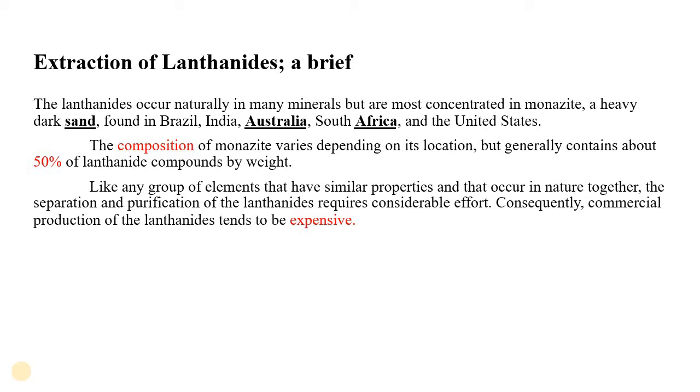All lanthanides have similar properties, so they usually occur together in nature. The separation and purification of lanthanides requires considerable effort. Due to this considerable effort, the extraction or production of lanthanides tends to be expensive, costly.